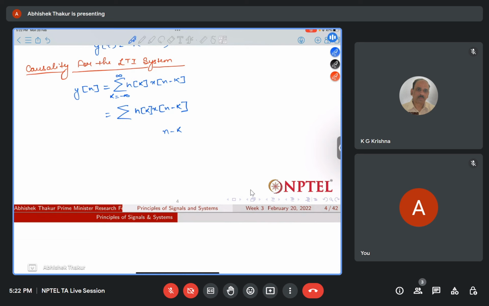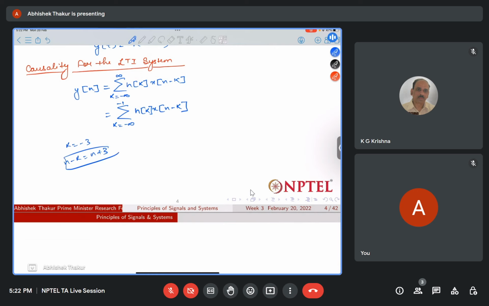This happens when k is negative, since minus and minus will be plus, so it will be n plus some quantity. So whenever k is from minus infinity to minus 1, n minus k is a future input. Let's suppose k is equal to minus 3, then n minus k is equal to n plus 3.